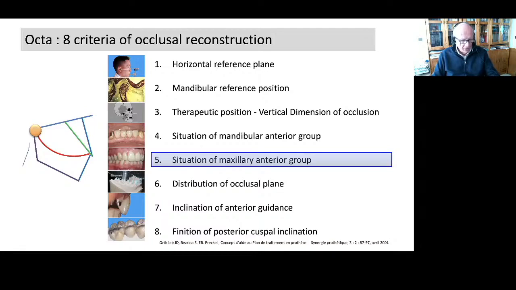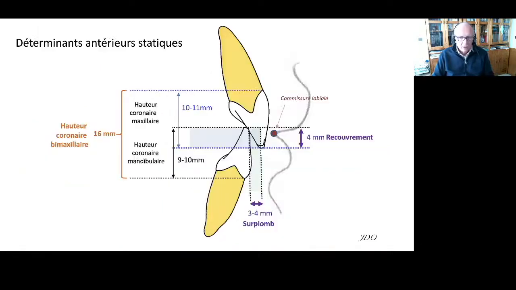I'm looking if there are questions. Okay. Concerning the anterior determinants of maxillary teeth, there is a lot of information, especially in aesthetic dentistry, so I will be short on this topic.